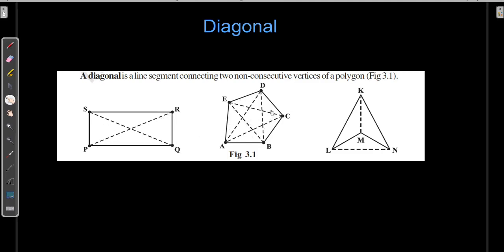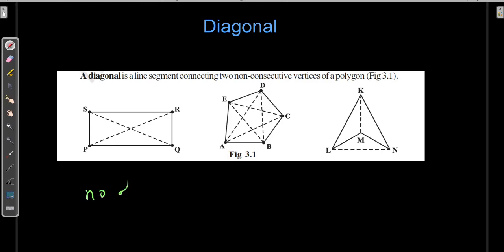Similarly, in this figure, pentagon. In a triangle, remember, the triangle does not have any diagonal. So to find the number of diagonals of any figure, there is a formula.